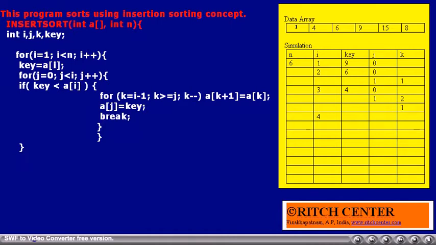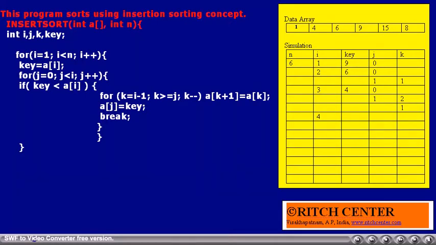I value is incremented by 1, thus I value becomes 4. A of 4, that is 15. Now we are interested to find out whether 15 is required to be inserted somewhere or not.